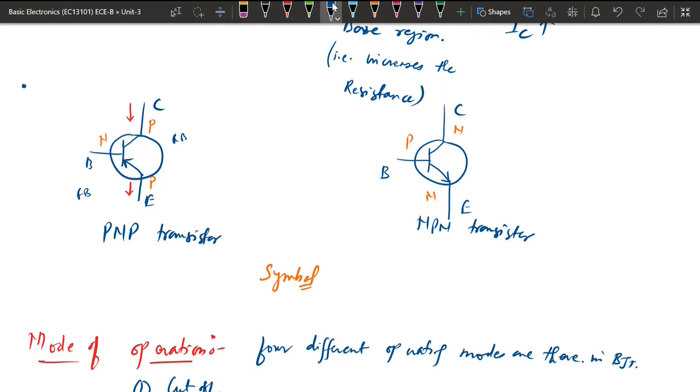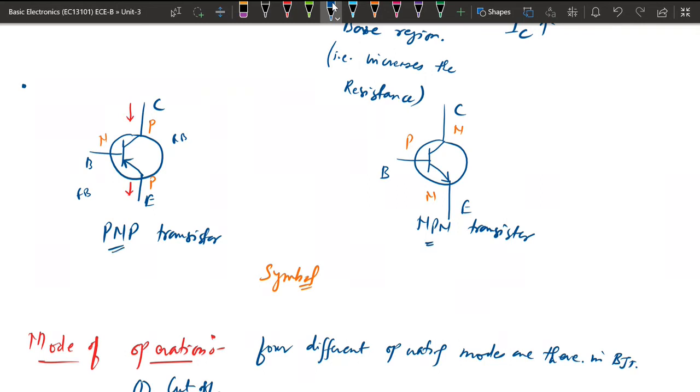If the input region is forward bias, current flows from the P to the N side, and the current direction is this. So once the symbol is given, you can identify whether it is an NPN or PNP transistor. This is the symbol of the PNP transistor.